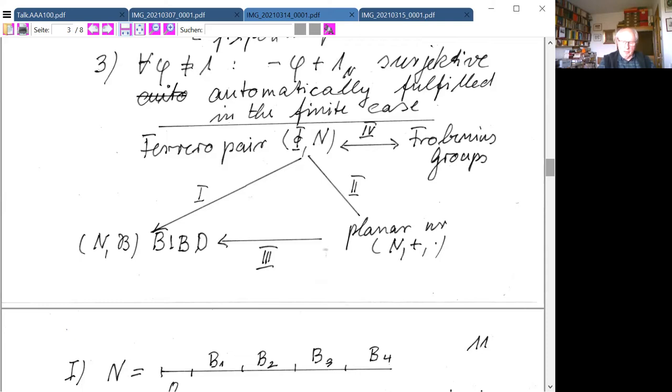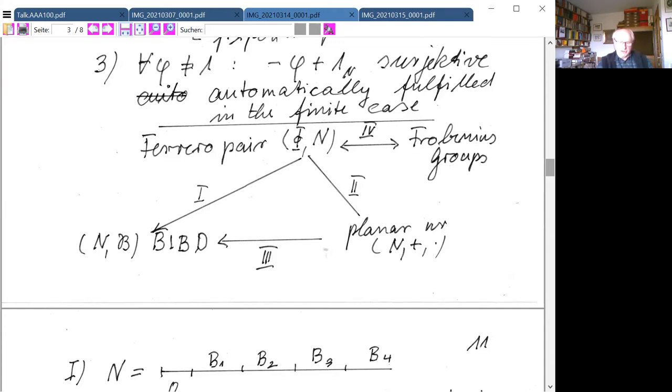From the Ferrero pair alone, with a little use of addition in N, we can form a balanced incomplete block design. How we get from a planar nearing to the balanced incomplete block design is pretty clear once we made the construction from Ferrero pair to planar nearing.